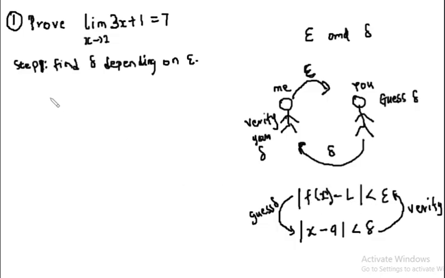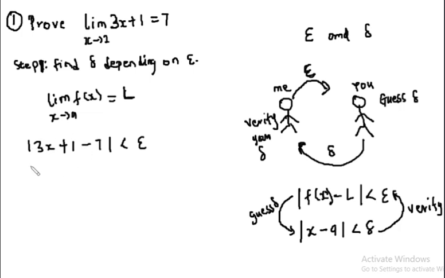Now, a typical limit is written as the limit of f of x as x approaches a is equal to L. If you liken these terms here to these terms here, our f of x is this, our L is this, our a is this. So if you're going to write this inequality, write it as the absolute value of 3x plus 1 minus 7 is less than epsilon.